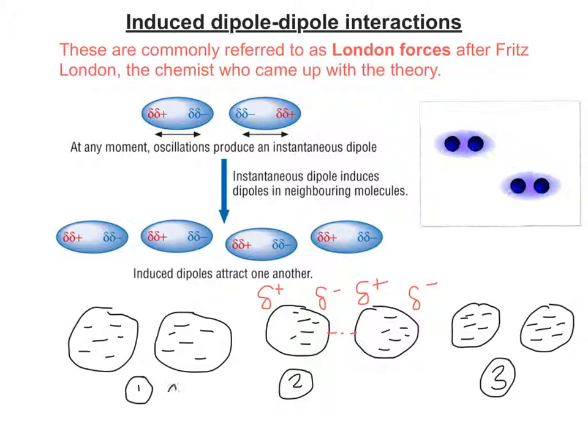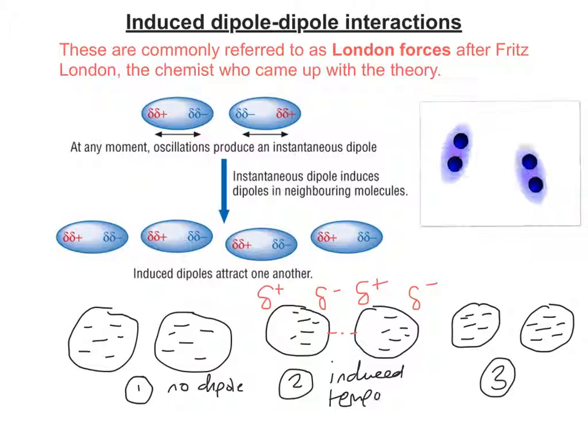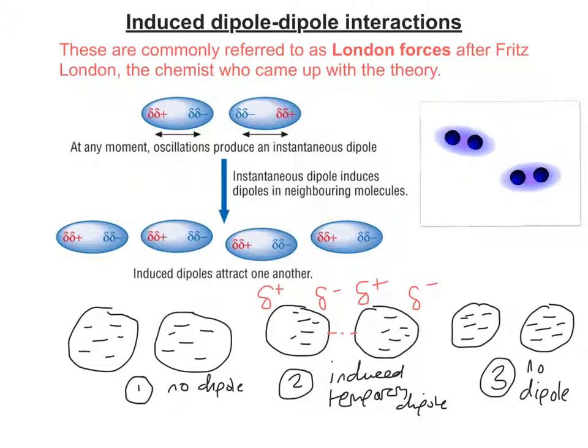So no dipole at the start, you get an induced temporary dipole, which then breaks automatically at random, and you get no dipole. So these are essentially switching on and switching off all the time. So the bigger the atom, the more electrons you have, and the stronger the London force.